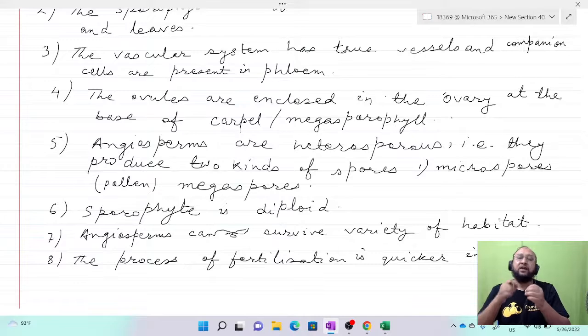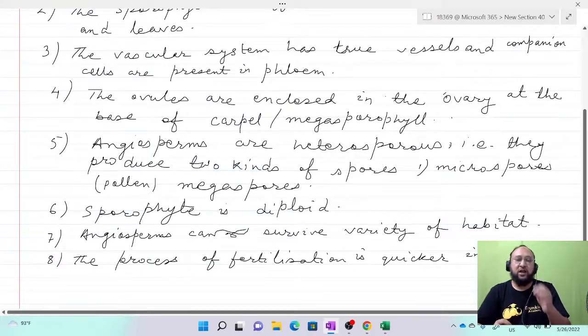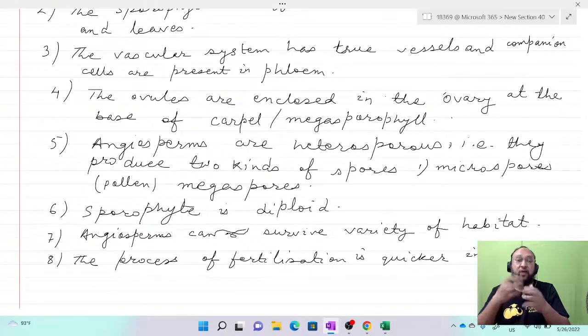Even in conduction, the vascular system is well developed, and the conduction of water is more specialized and faster as compared to other groups of plants. The tissue of the xylem is more evolved and has true vessels. There are companion cells in phloem to ensure easy and efficient translocation of the different substances or manufactured food.